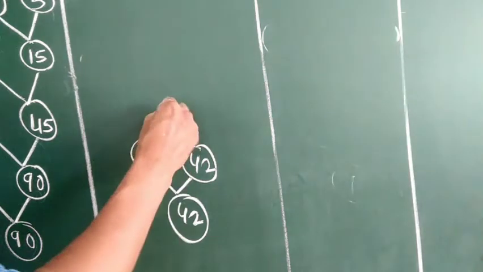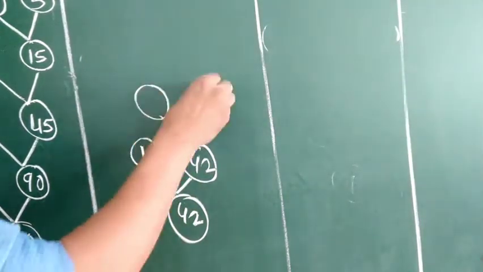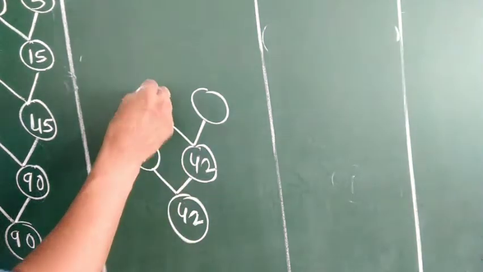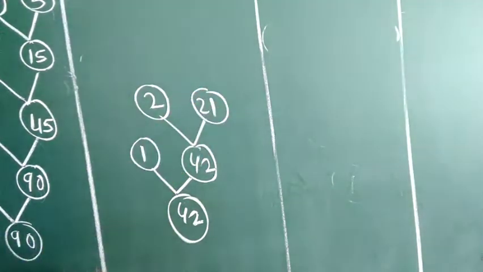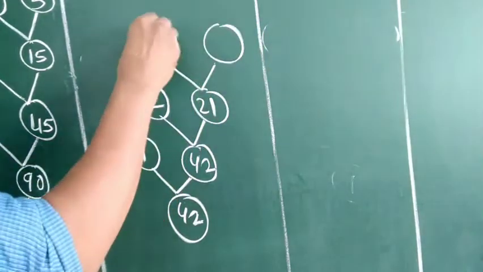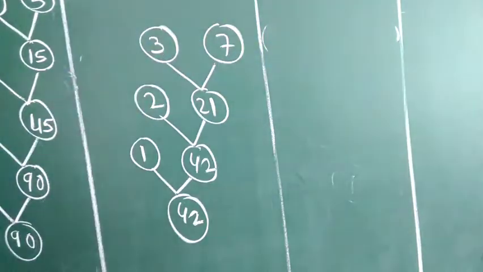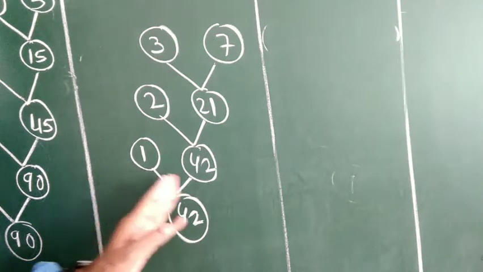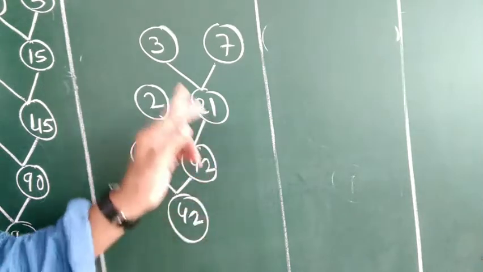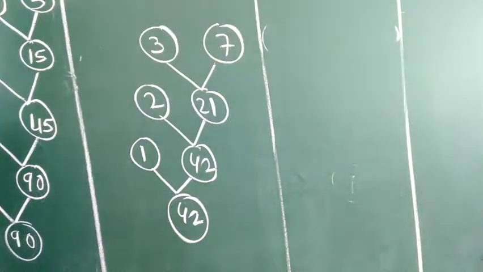Then next, 2 and 21. Then 3 and 7. So 1 into 42 is 42, 2 into 21 is 42, and 3 into 7 is 21. So these are the factors of 42.